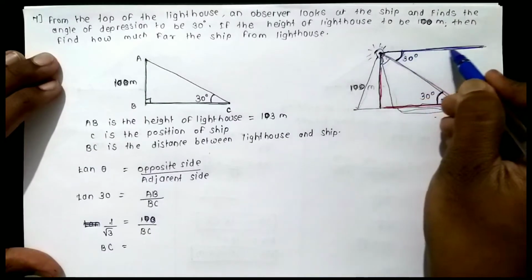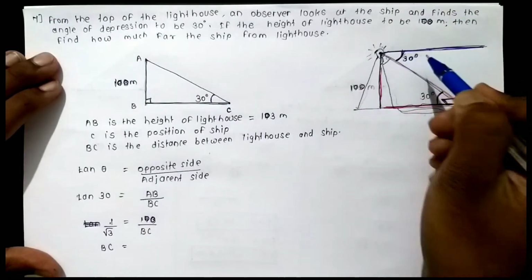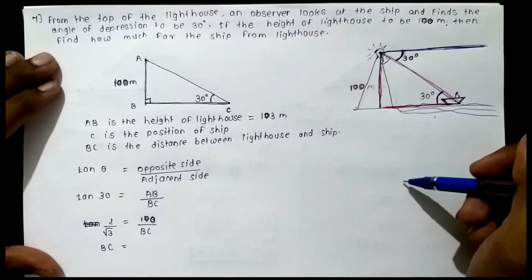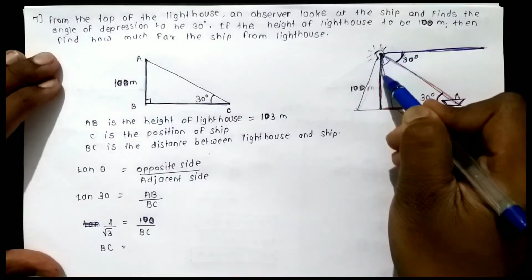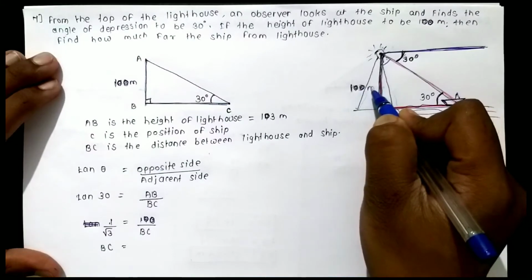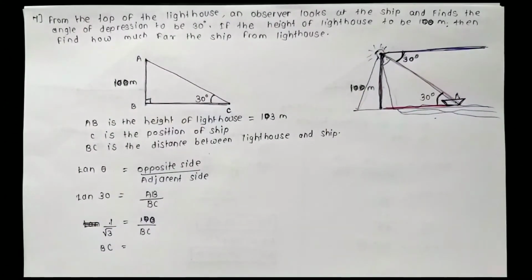The angle is always with the horizontal, so this angle is 30 degree. If the height of the lighthouse is 100 meter, I draw a straight line and write here 100 meter, height of the lighthouse.